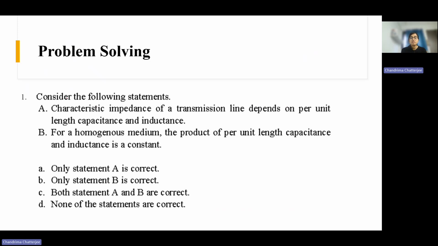Okay, let's see the first question. Consider the following statements. A: Characteristic impedance of a transmission line depends on per unit length capacitance and inductance. This is true.